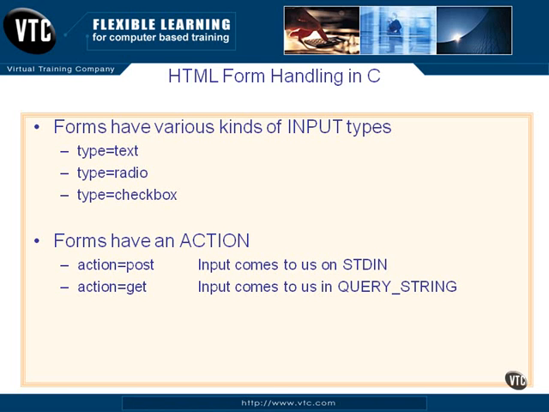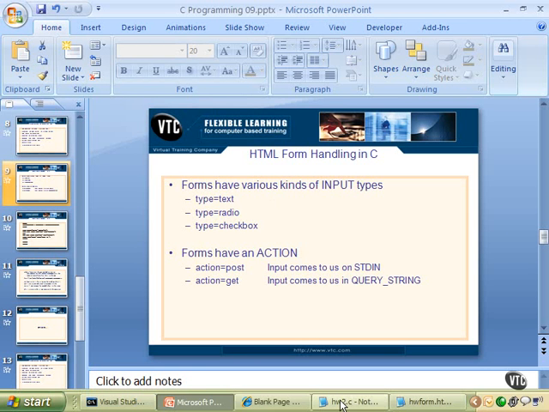Our form is going to use the get action to talk to us, and so the information will come in an environment variable named QUERY_STRING. I'm going to show you in the program how to get the contents of an environment variable and then work with it. So let's drop out of here and go take a look at our program.